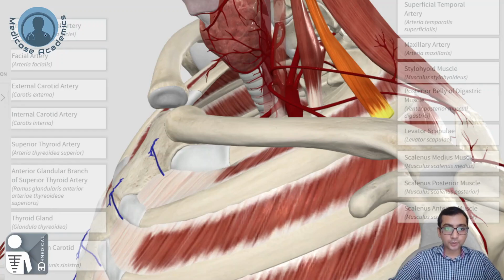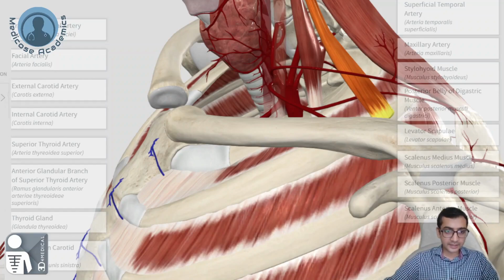Normally, what happens is that from the thyrocervical trunk there arise the inferior thyroid, the suprascapular, and the transverse cervical.